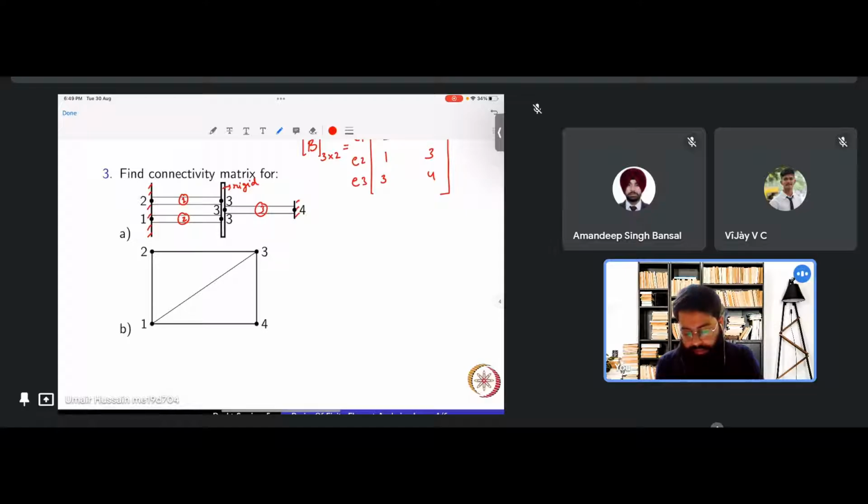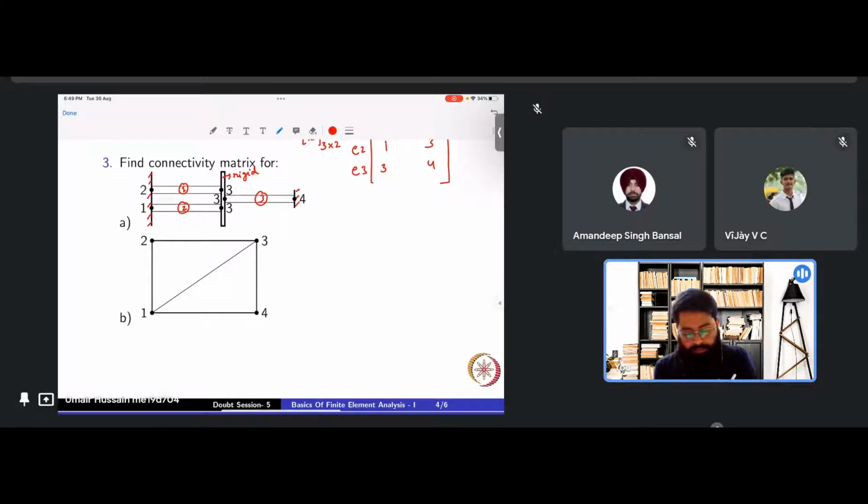Now for the second case, I've taken a 2D domain. Although this was not taught in class, I thought this would be an interesting exercise to understand the importance of the connectivity matrix. So we have two elements here, and first of all, tell me what should be the order of the connectivity matrix, what should be the size of the matrix.